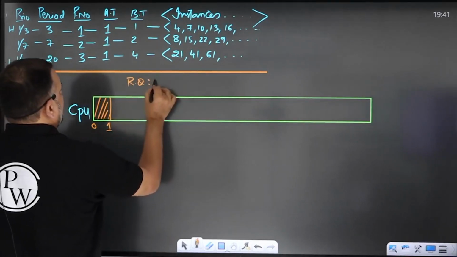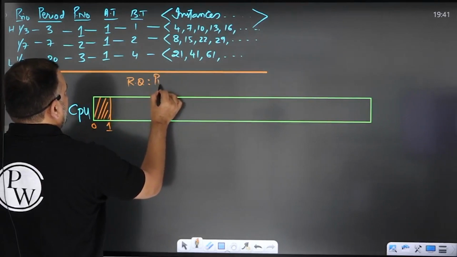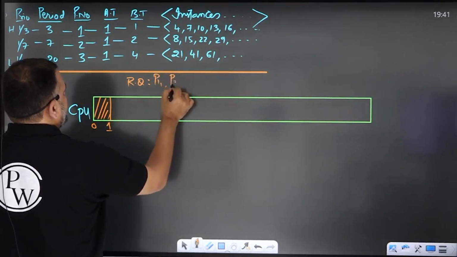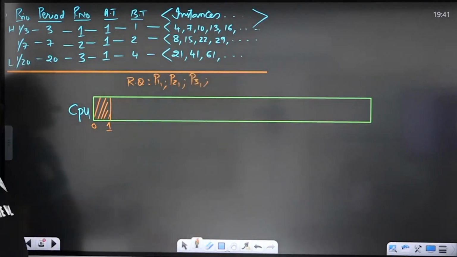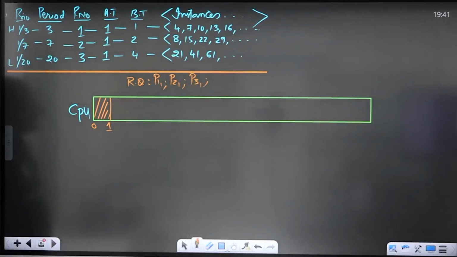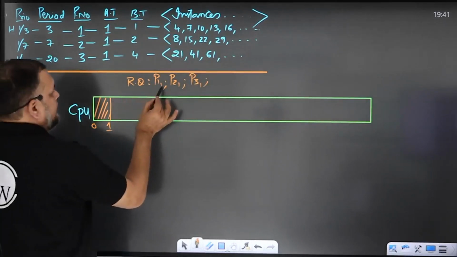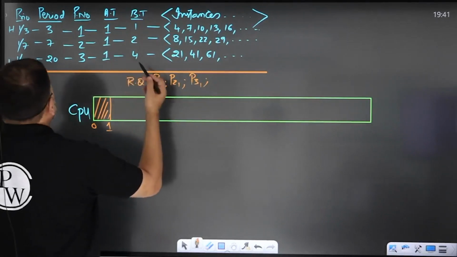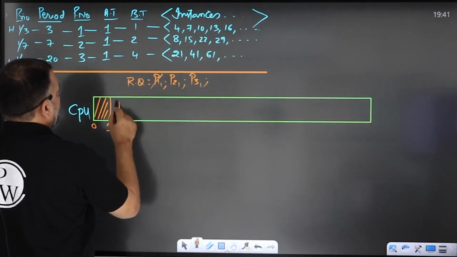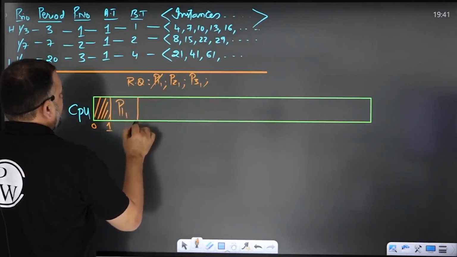Now at time 1, I will mark like this: P1 first instance is available, P2 first instance is available, P3 first instance is available. The subscript indicates the instance number: P11, P21, P31. So among them, the highest priority is P11, so P11 is going to run for 1 unit and complete.